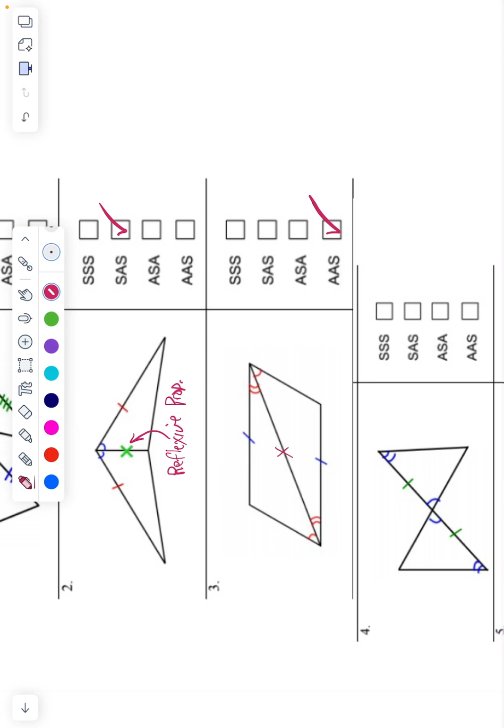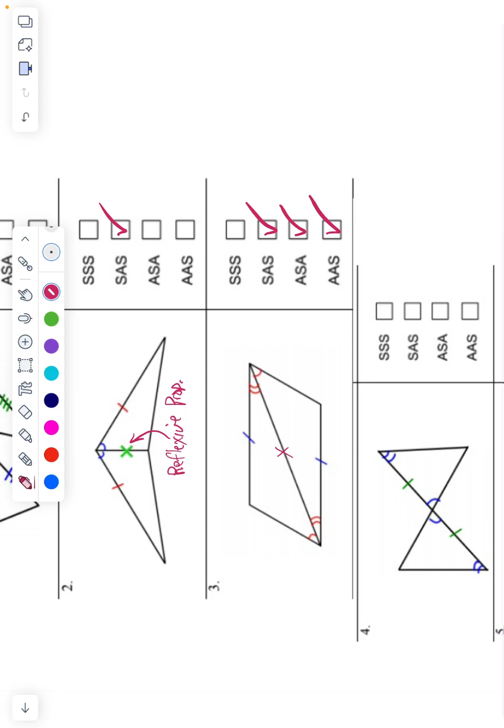But we also know that that is reflexive congruence. And so what else can we mark? We can mark angle, side, angle, and side, angle, side. Okay?